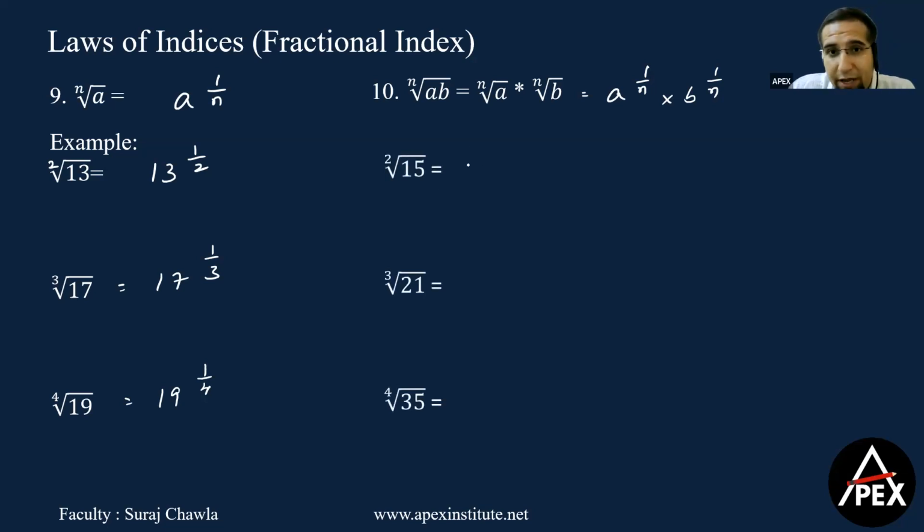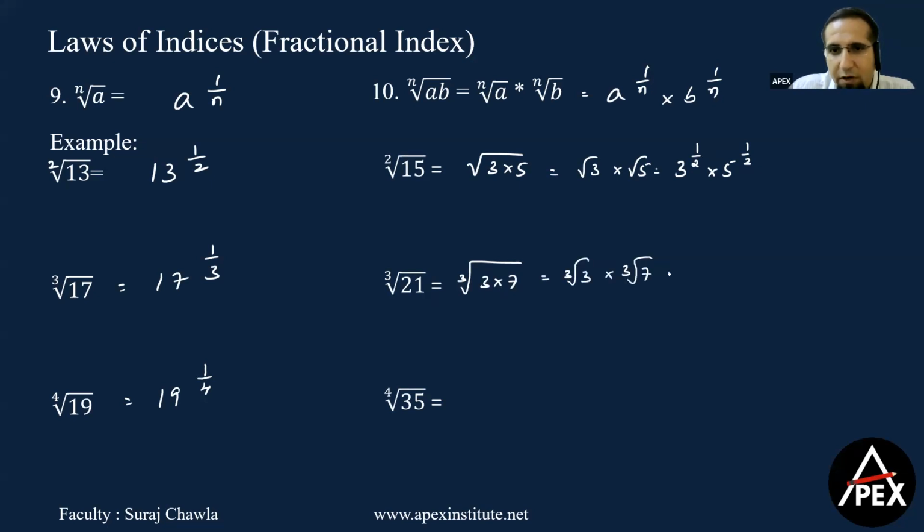Now 15 can be written as square root of 3 into 5, so I can write this as square root of 3 into square root of 5, which is 3 to the power 1 by 2 into 5 to the power 1 by 2. Now cube root of 21 can be written as cube root of 3 into 7, so this can be written as cube root of 3 into cube root of 7, which is 3 to the power 1 by 3 into 7 to the power 1 by 3.